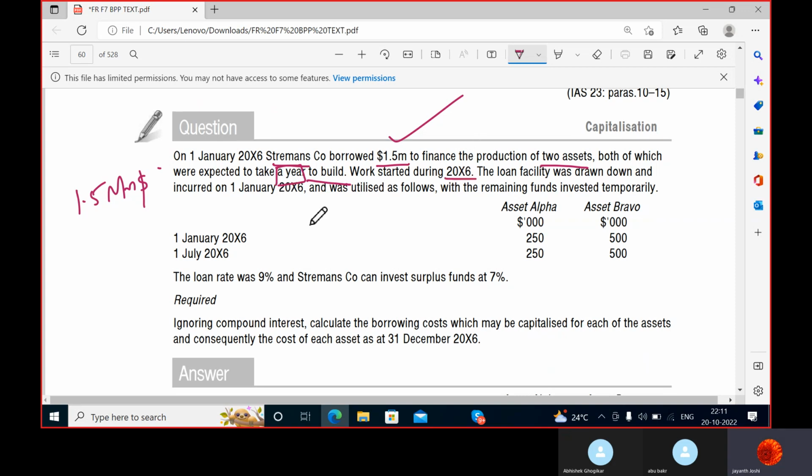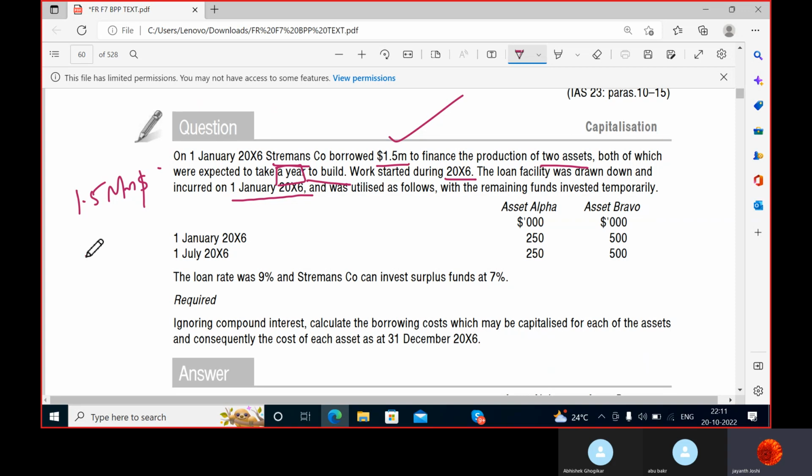Work started during 2006. The loan facility was drawn down and incurred on 1st Jan 2006. So they took a loan, and from 1st Jan onwards, interest is charged. They borrowed the money, but how did they utilize it? The question indicates that they did not utilize the entire money at once.